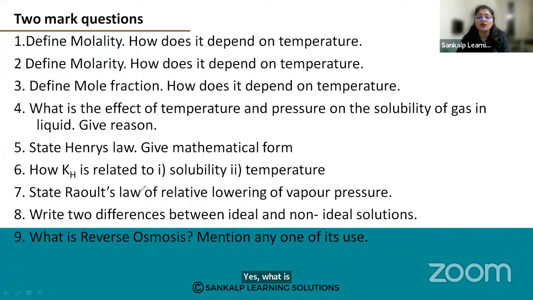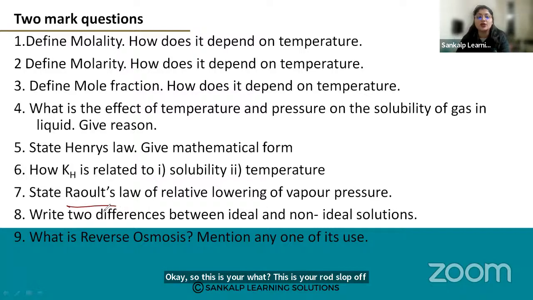The vapor pressure of the solvent over the solution is equal to the vapor pressure of the pure solvent multiplied by its mole fraction in the solution. So this is your Raoult's law of relative lowering of vapor pressure.